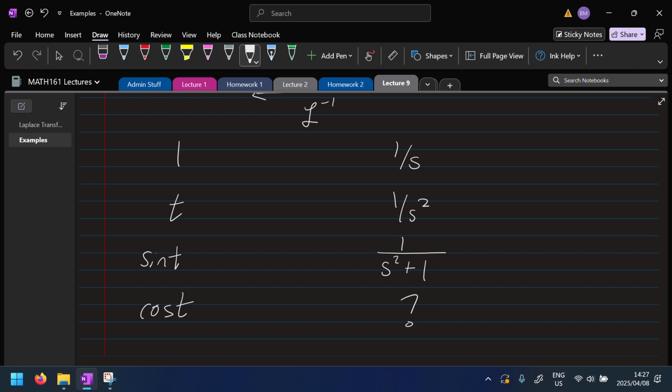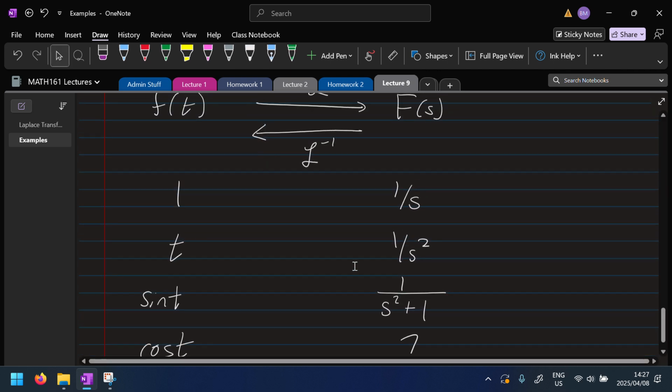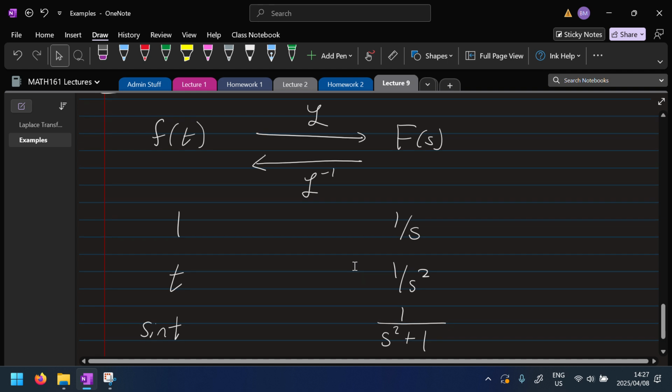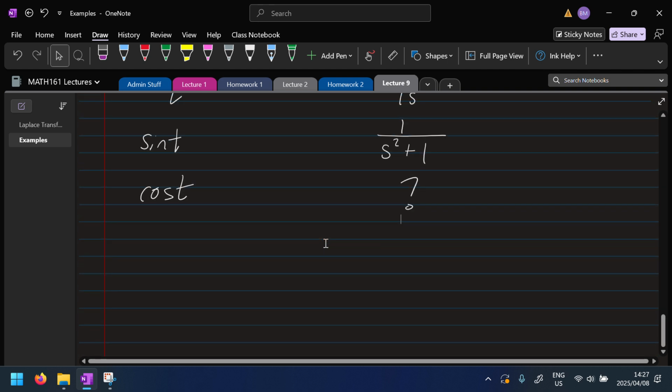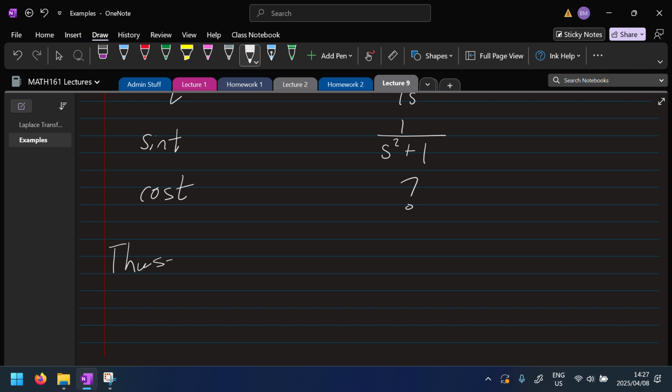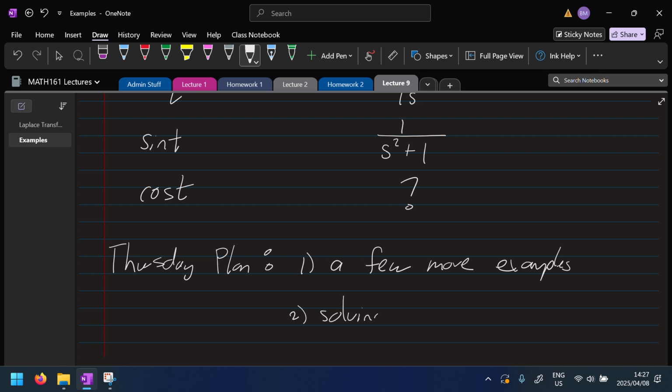On Thursday, we're going to have a look at a few more problems to add to our table. And then we're also going to be looking at solving improper integrals using the Laplace transform. So the Thursday plan: a few more examples, and then solving improper integrals.